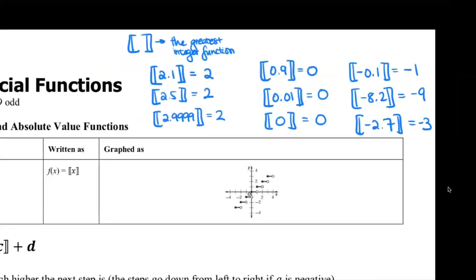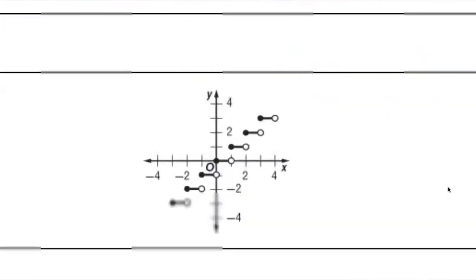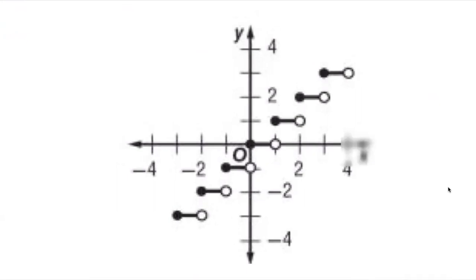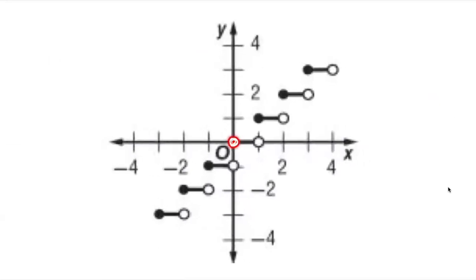So this ends up giving a very interesting graph, as you can tell. What happens is, it ends up looking like a step, or steps, a little staircase here. So that's why it's called a step function. The reason why is because on the integer, like we put 0 in, right? Put 0, we got 0. If you did 0.1, it would still be 0, 0.2, 0.3, 0.4, all the way to 0.9999999.